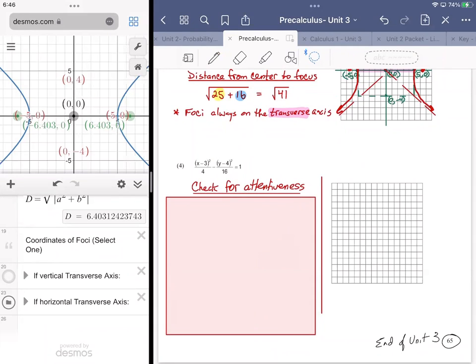And, you know, it kind of has to be this example because, hey, end of unit 3. So first things first, we need to know which model we're working with. Again, it's an equation where the x information comes first. So we're looking at a sideways oriented hyperbola.